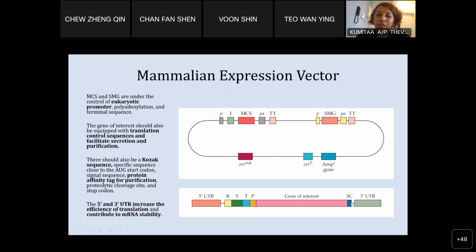You have your signal sequence, a protein affinity tag for purification, a cleavage site, and a stop codon. You also have a 5' and a 3' UTR, which increase efficiency of translation and contribute to mRNA stability. So when you look at all these different vectors, hopefully by now you are able to tell what the different components are, what the different genetic elements are, and which is found in which vector.